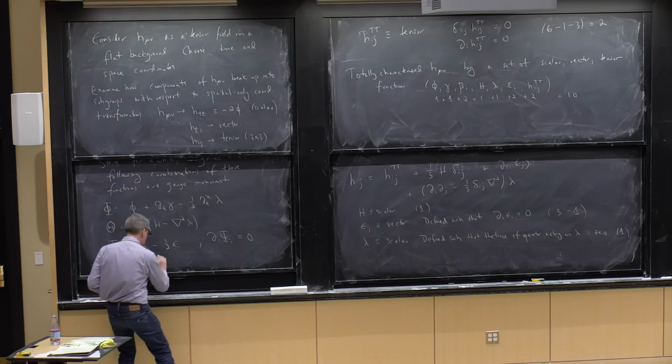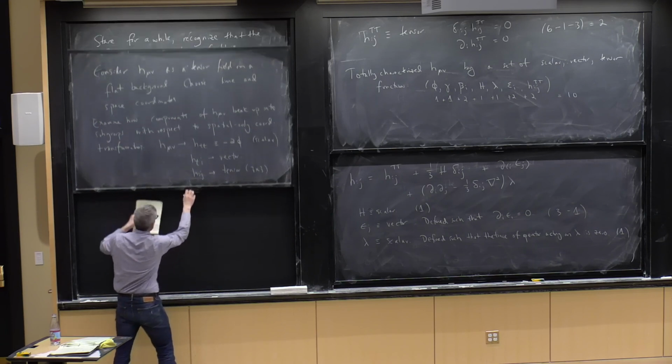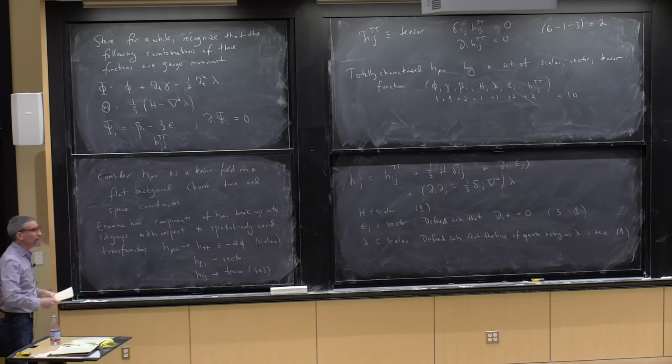And of course, Hij TT. Every one of these combinations is unchanged under a gauge transformation.